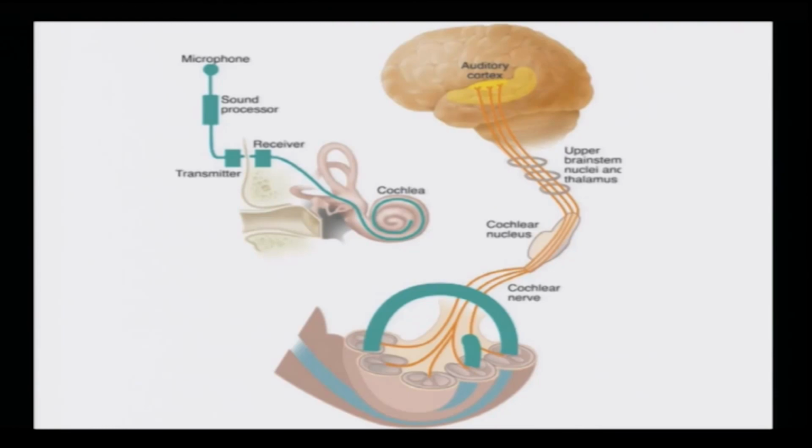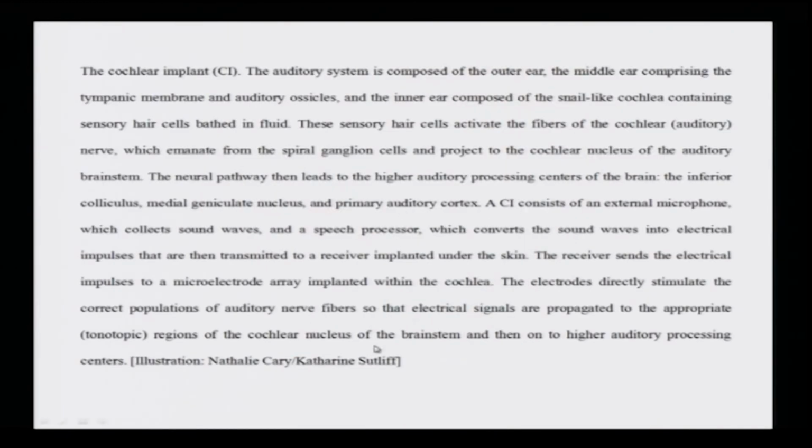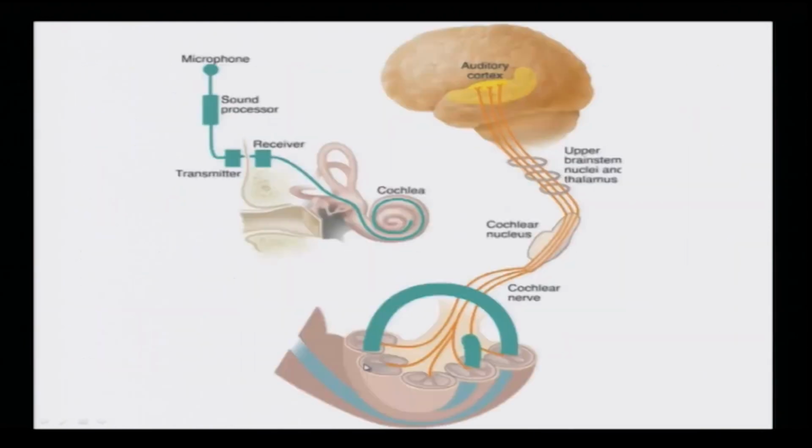With the microelectrode array implanted within the cochlea, the electrodes directly stimulate the correct population of auditory nerve, so that electrical signals are propagated to the appropriate tonotopic regions of the cochlear nucleus of the brainstem, and then onto the higher auditory cortex. So, from here it is going to the specific part, and from here it is moving to the auditory cortex. This is the overall summary of the cochlear implant I wanted to show you.